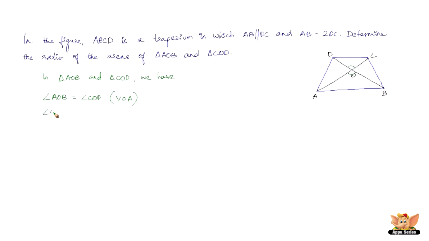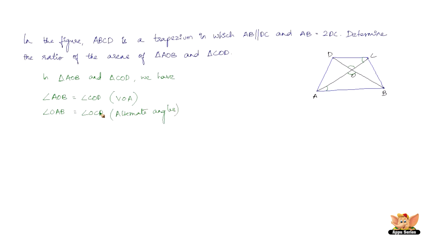And then we also have angle OAB equal to angle OCD, because they are alternate angles. Angle OAB equals angle OCD. This is alternate angles because AB is parallel to DC. Now why I'm doing this, you'll know shortly.